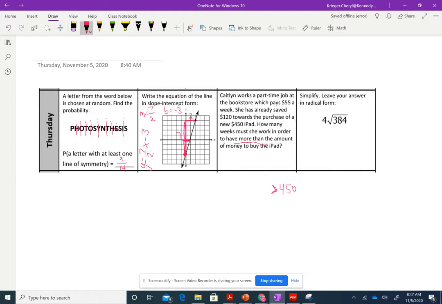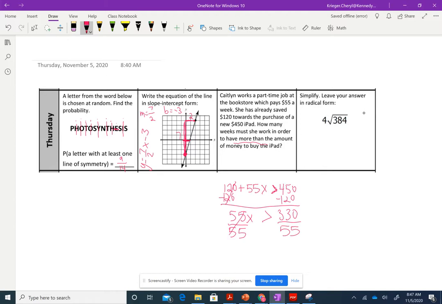So she has $120 saved, and she makes 55 per week. Our variable's x, and I'm going to subtract 120 on both sides to get 55x is greater than 330. To get x by itself, I just divide by 55, and that will give me the number of weeks she needs to work.